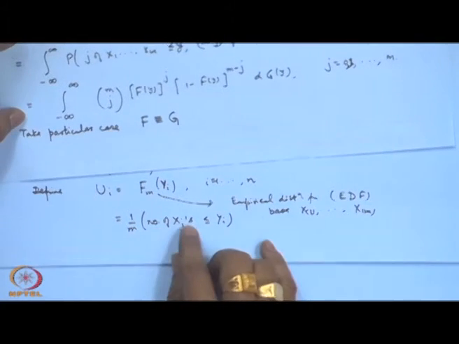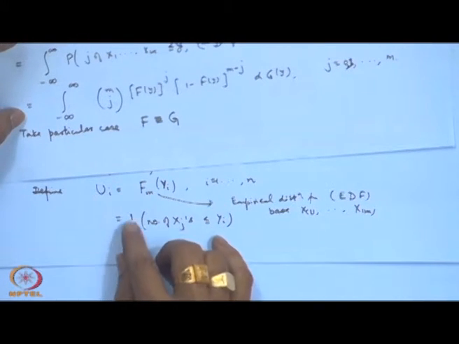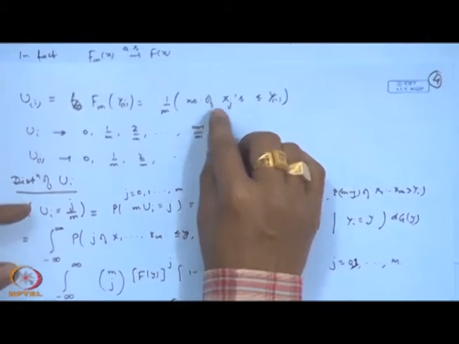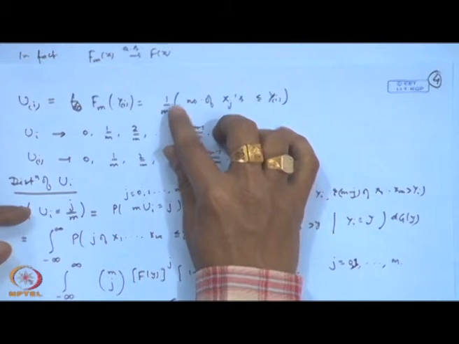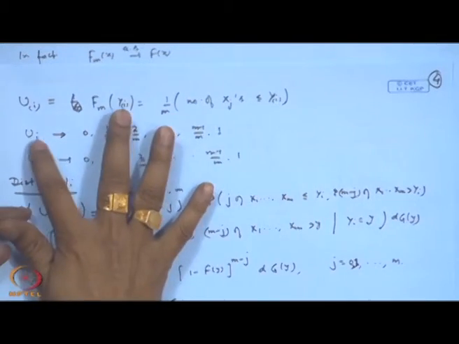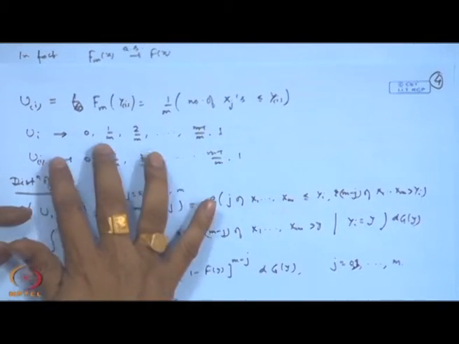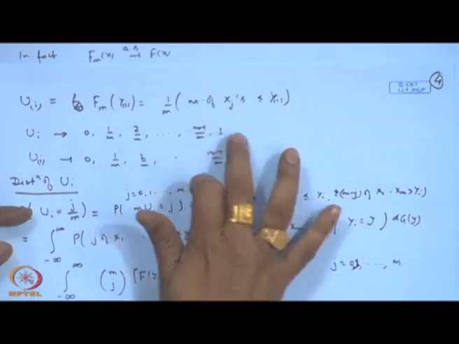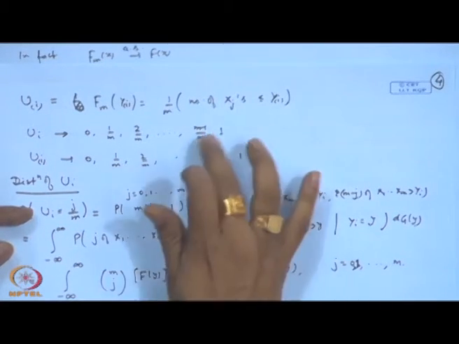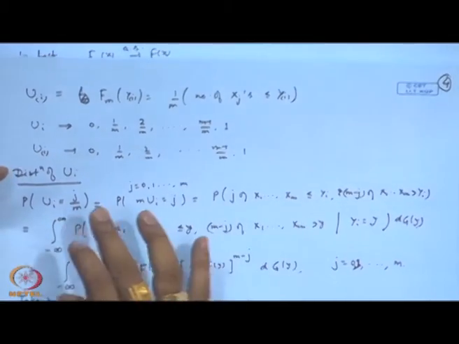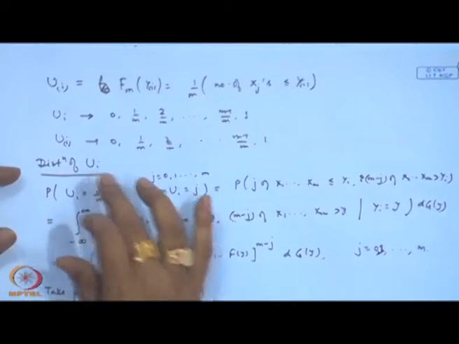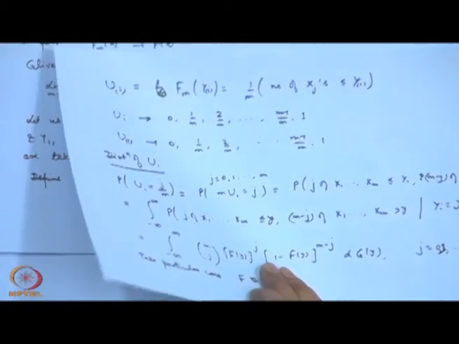So, this is the number of x j's less than or equal to y I, divided by m, and here it is the number of x j's less than or equal to y bracketed I divided by m, and both u I and u bracket I take values 0, 1 by m, 2 by m up to m minus 1 by m, 1, and we considered the forms of the distributions of u I and the distribution of u bracketed I.